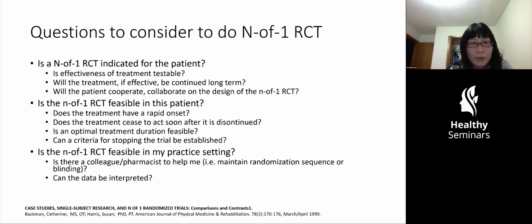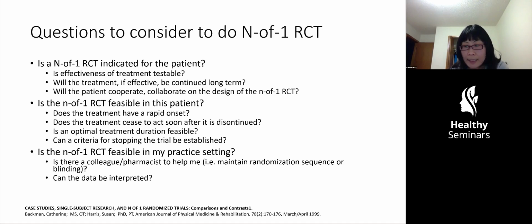The third question is, is it feasible to do it in a clinical setting? So within your practice, let's say if you have to randomize, is there a pharmacist or a colleague, an office manager, somebody who can actually do the randomization and maintain the blind? The other component to consider is, can the data be interpreted? So what kind of data are you collecting?